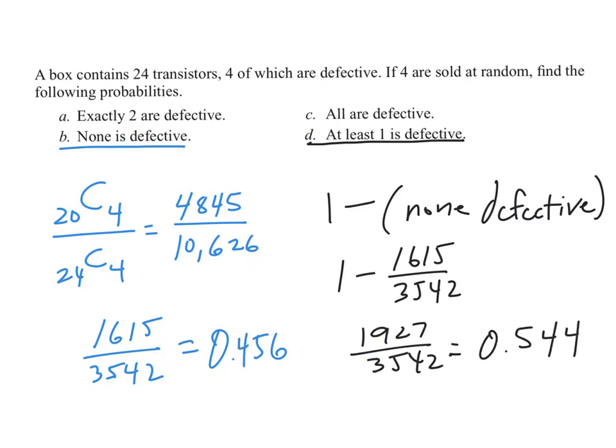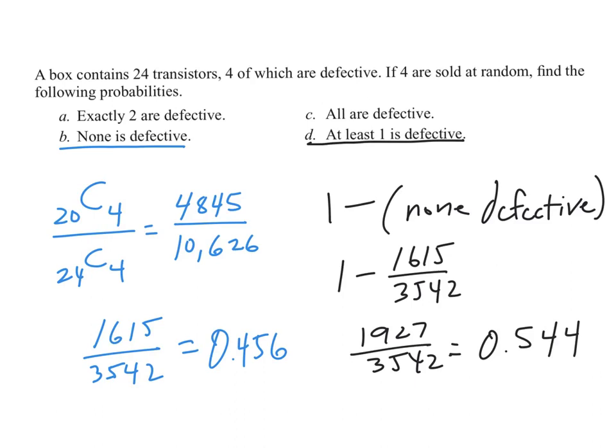So the probability then of getting at least 1 defective is just 1,927 over 3,542. That's reduced, which is this number here, or 0.544, which again is 1 minus this. So that's where that at least piece comes into play.